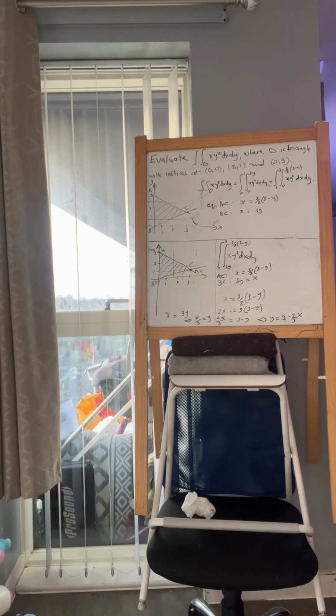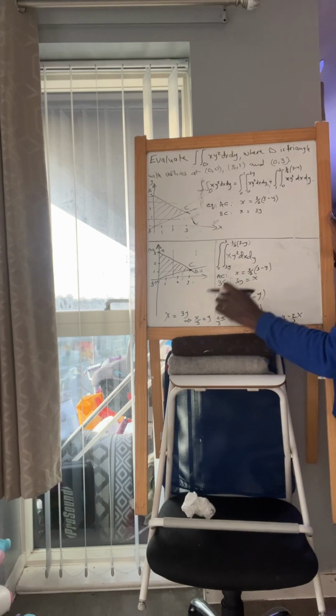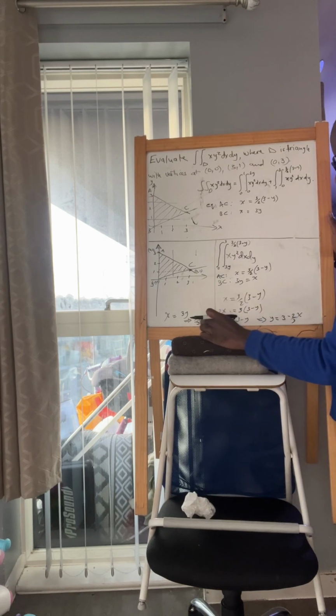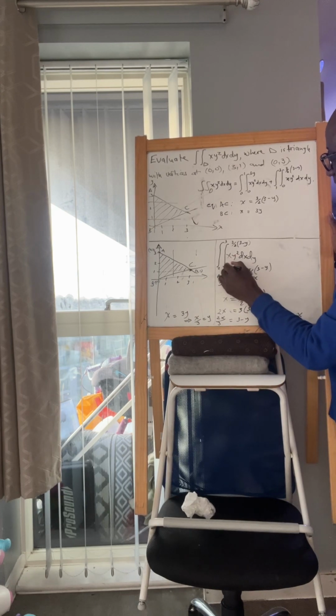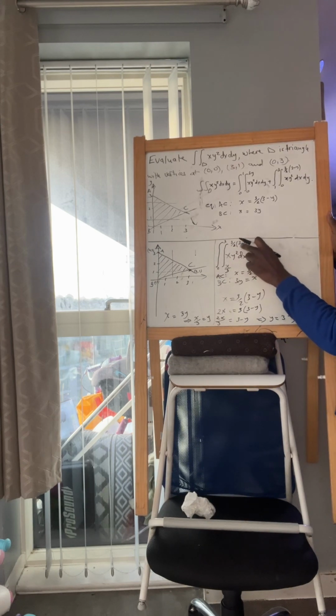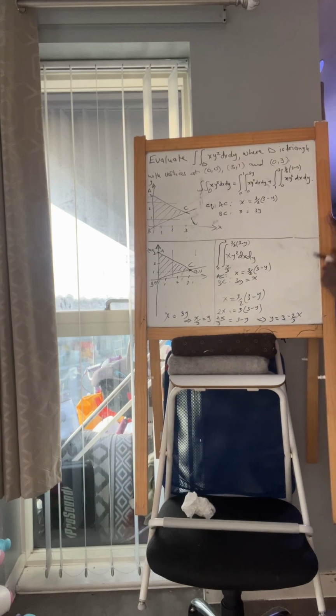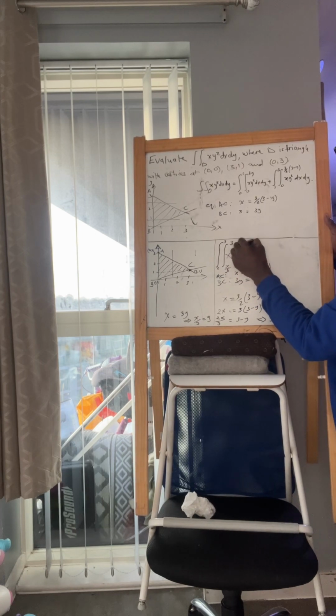Because we have done this, instead of 3y, I will put x all over 3. And instead of 3 over 2 into 3 minus y, I will just put this number here: 3 minus 2 all over 3x.